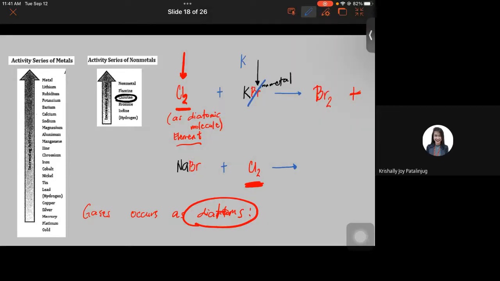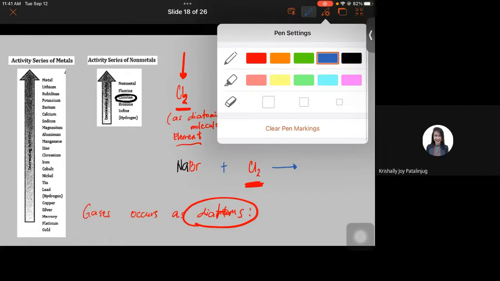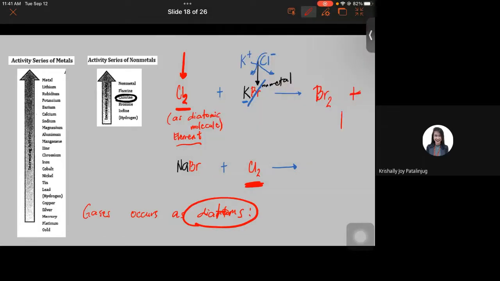Potassium yung una, di ba? Potassium ion, then chlorine, chloride ion. Okay, then crisscross method, the other product is potassium chloride. That's it.